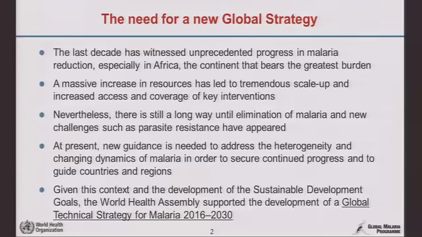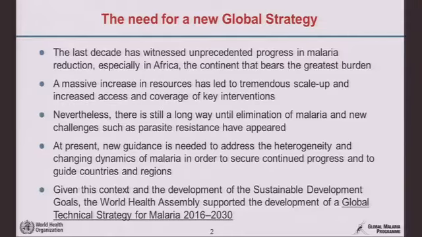So, is this time for contentment? No. In the face of this massive scale-up, there is still a very long way until elimination of malaria has been achieved, and in the meantime we have to manage not only with access but also the challenges of parasite and insecticide resistance.